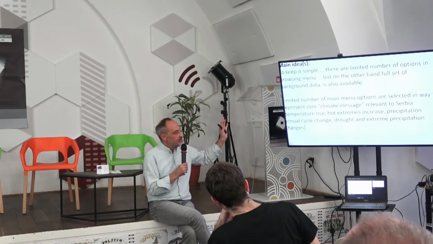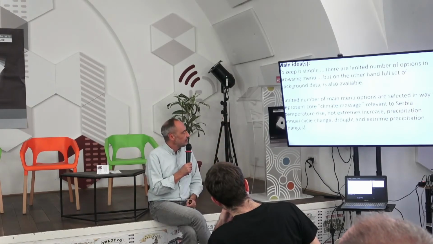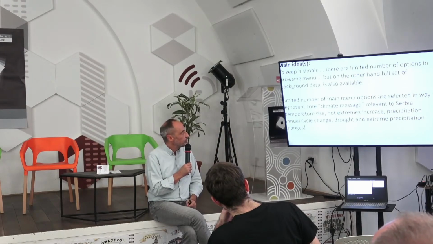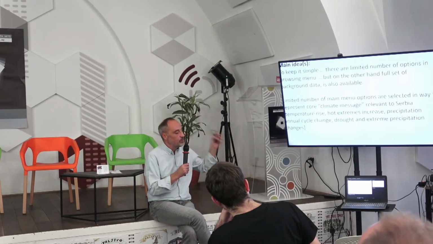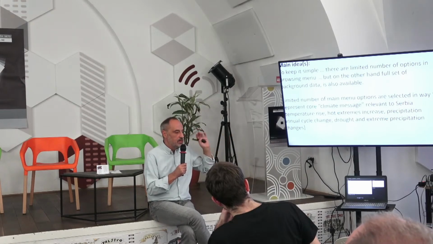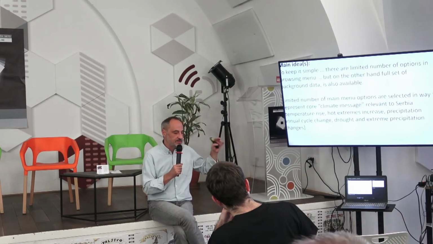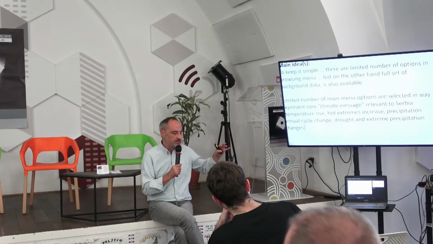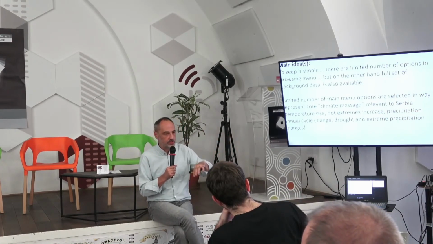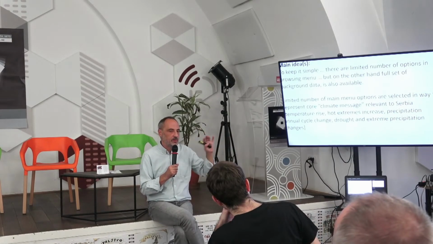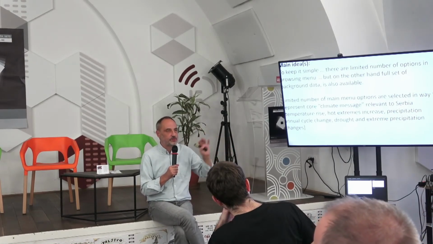Also, there are other ideas behind the atlas. Some of them are also presented. We want it to be simple. You have a lot of other digital atlases online, like the IPCC atlas, which is global, and then you have this Copernicus atlas, but both of them are more designed for professionals or semi-professionals.